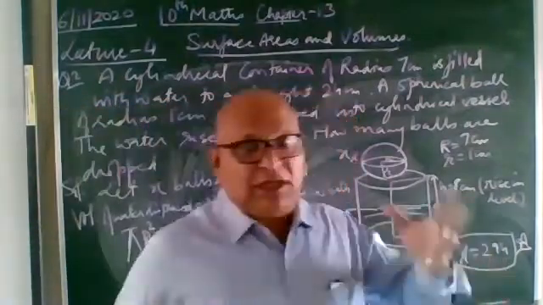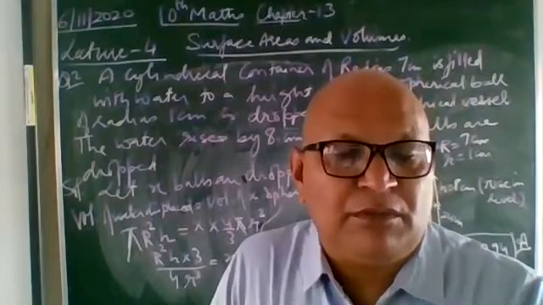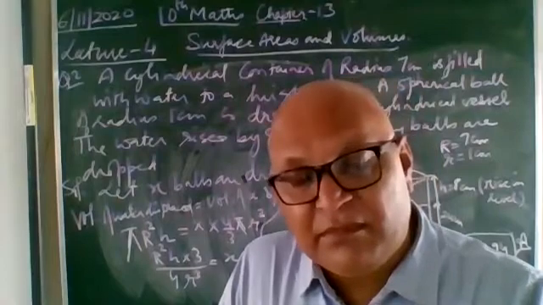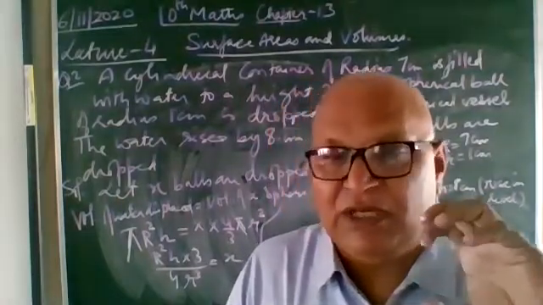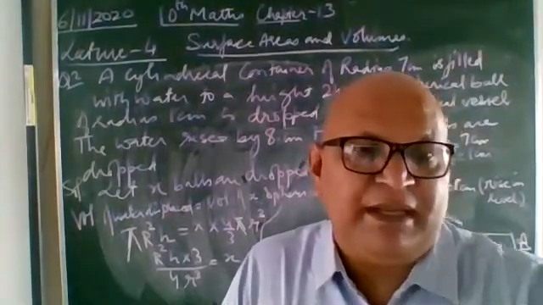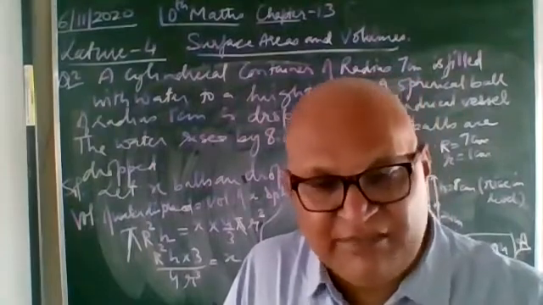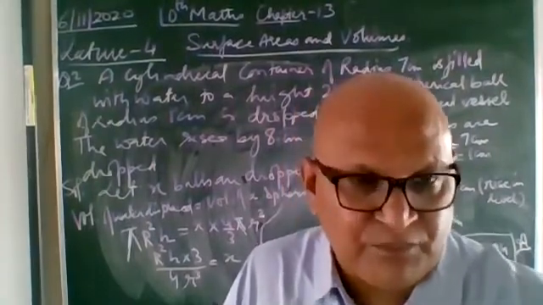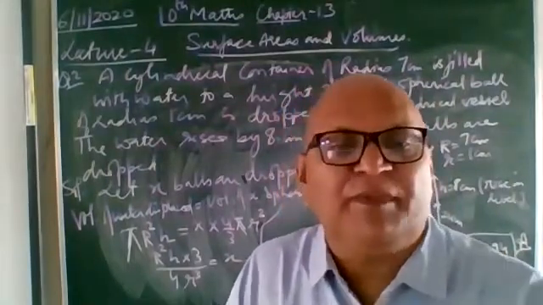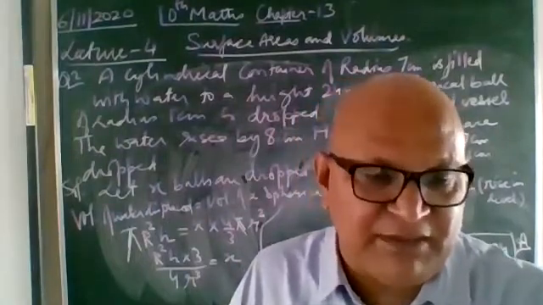Now the third type of question may be the volume of mud taken out. You are digging a well whose diameter is given, a cylindrical well. Now the mud taken out from the cylindrical well is used to make a platform whose length, breadth and height are given.